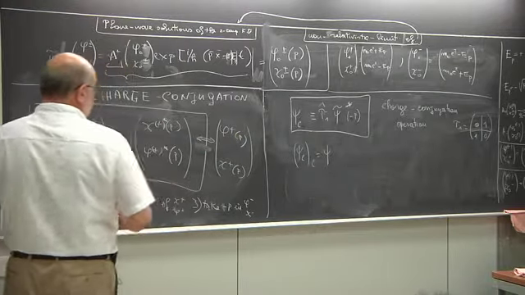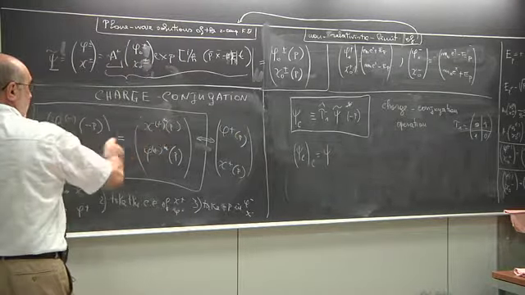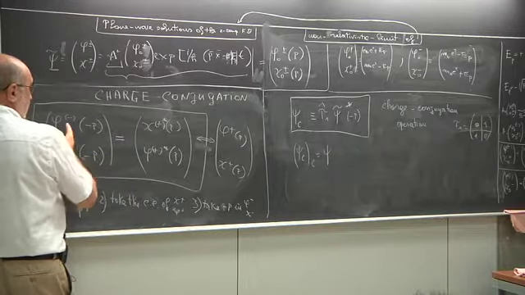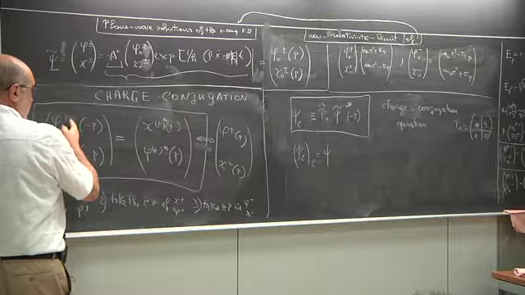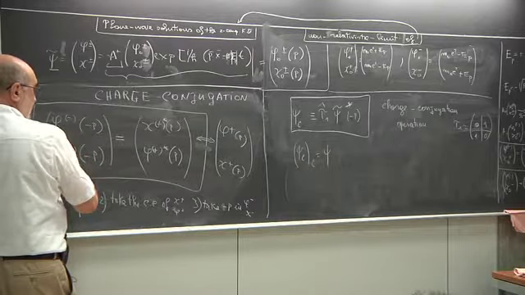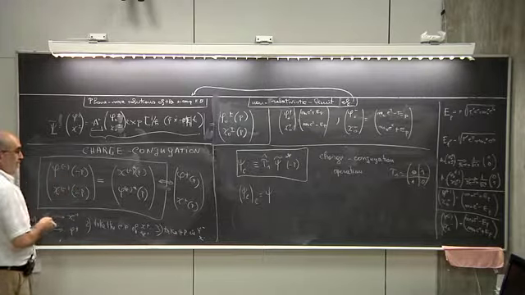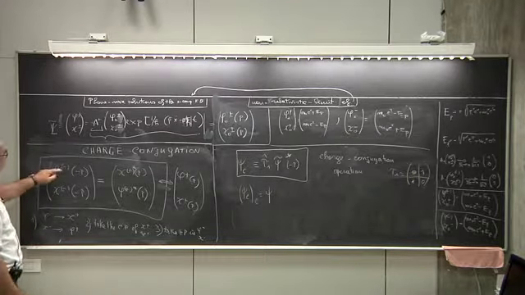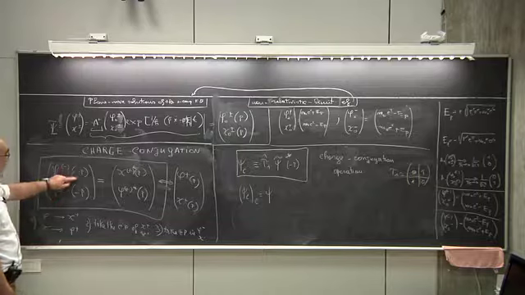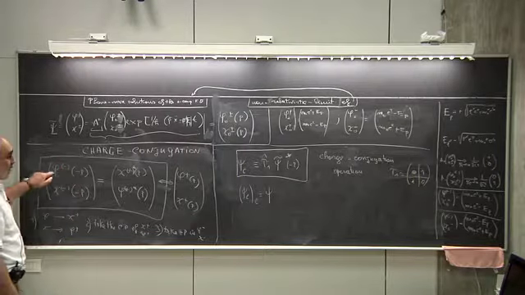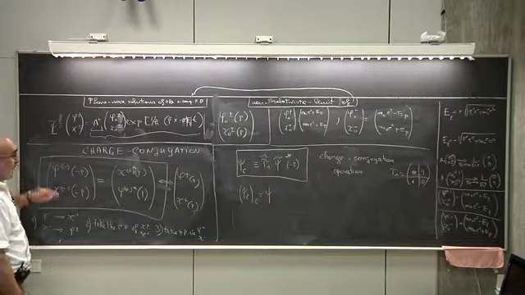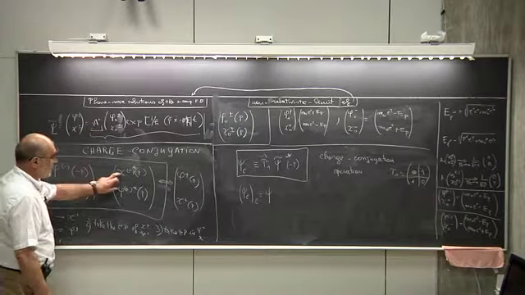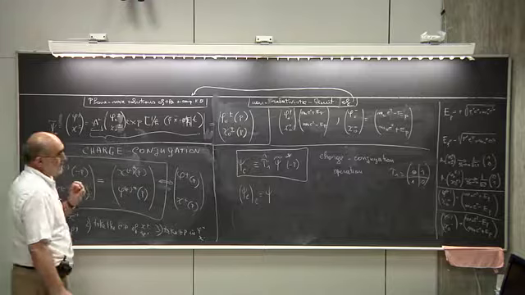And what happened? That this quantity, okay, is equal to another quantity that we recognize immediately. It is a quantity that is the negative energy moving in the opposite direction. So given a positive energy solution, we know that the negative energy solution moving in the opposite direction and complex conjugate of that is a solution of negative charge if we started with one with positive charge, okay?